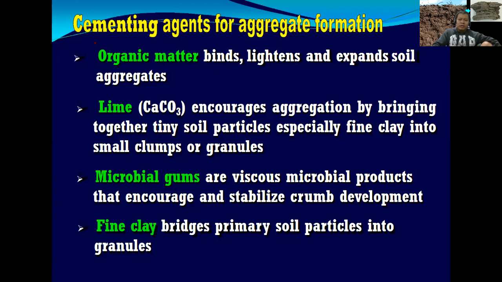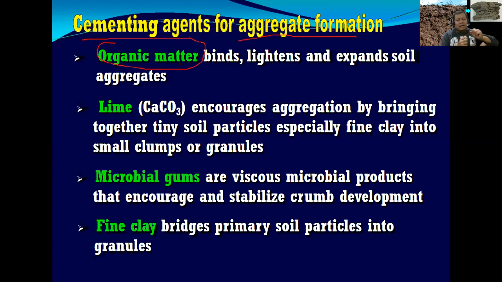Now, when we see aggregation, there must be an agent for aggregation. For example, cementing agents for aggregate formation. So organic matter, okay, is one of the cementing agents. Organic matter binds particles together.